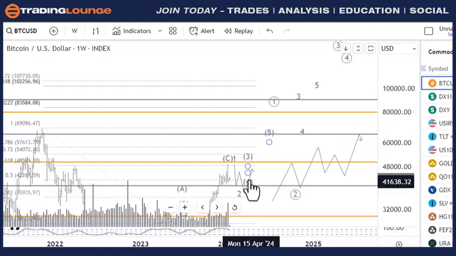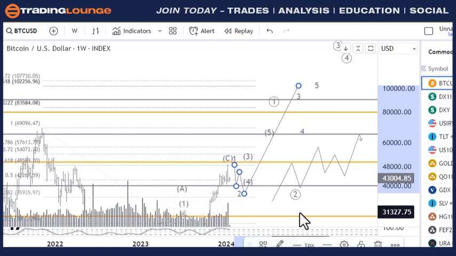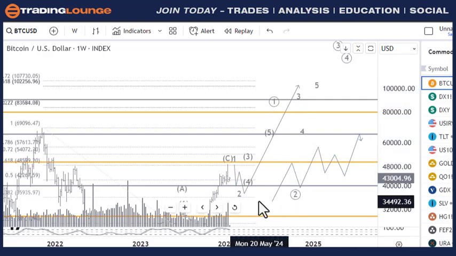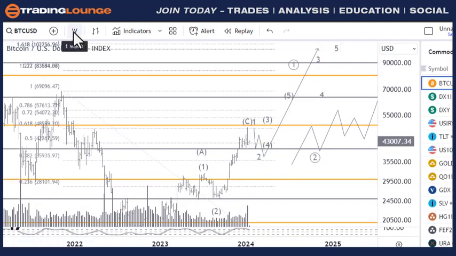But basically, if we can work out that this is corrective here, then we're going to be going to 100 at this point. And we'll go through the levels and do all the dances and so on. But basically, that's it. The bull run would be confirmed once this is done here. Okay. So that's exciting news.